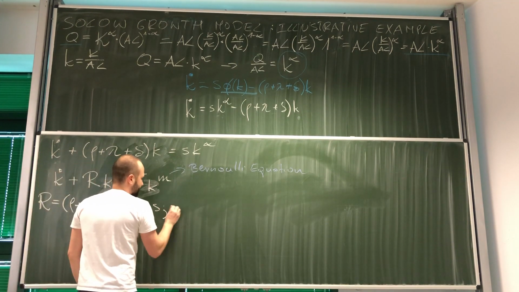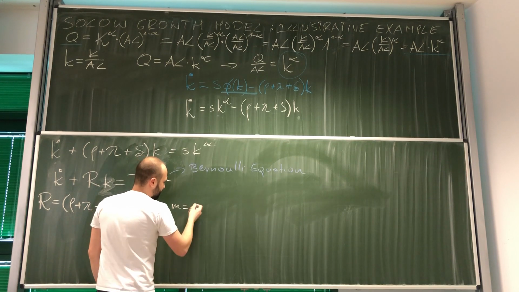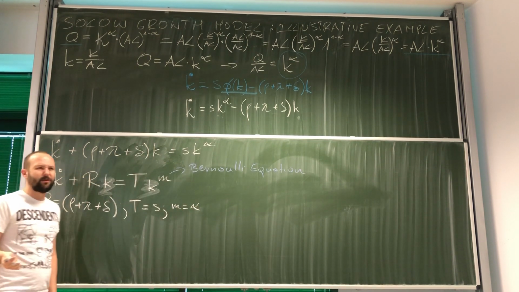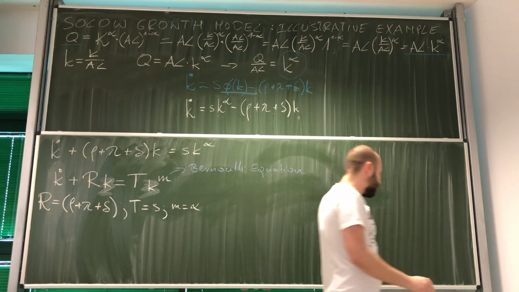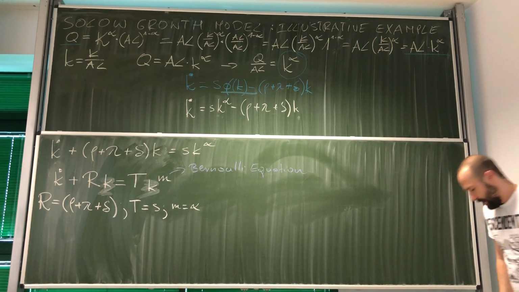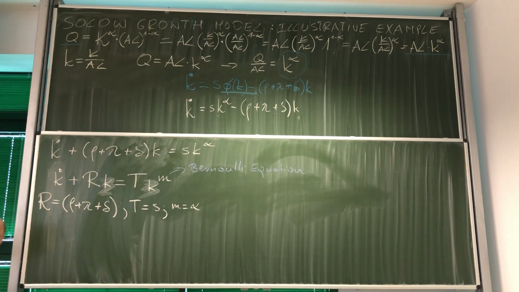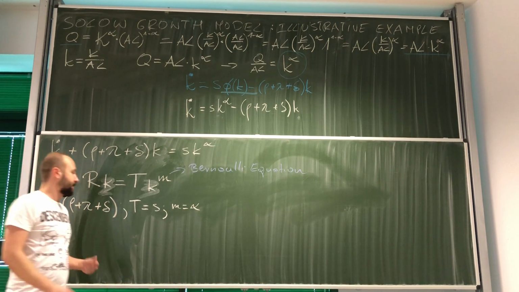Our m is equal to alpha, and alpha is somewhere between 0 and 1, so it's neither 0 nor 1. So again, everything here is the way it should be.